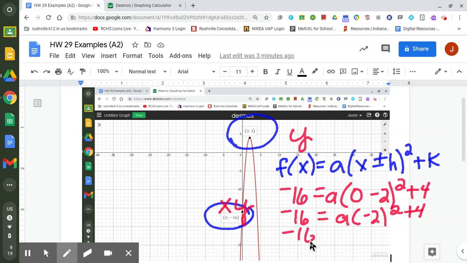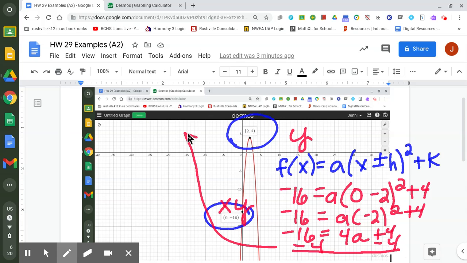Well, negative 2 squared would be 4. So now I have 4a plus 4. And I'll subtract 4 on both sides.